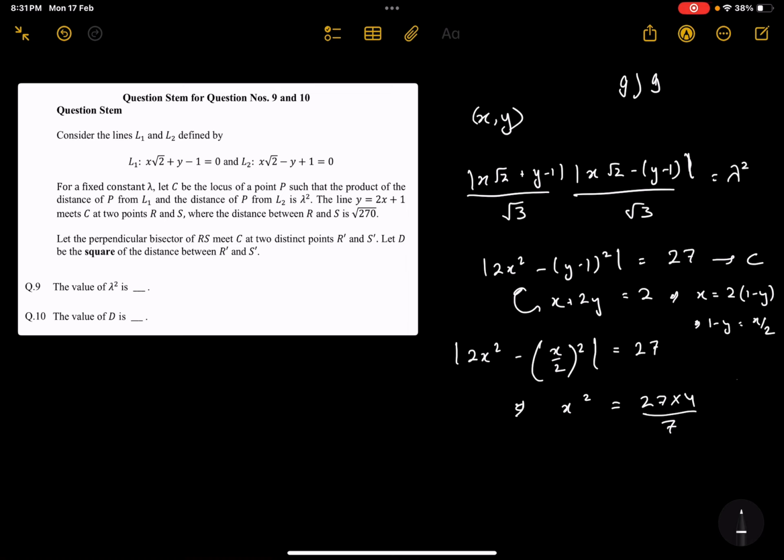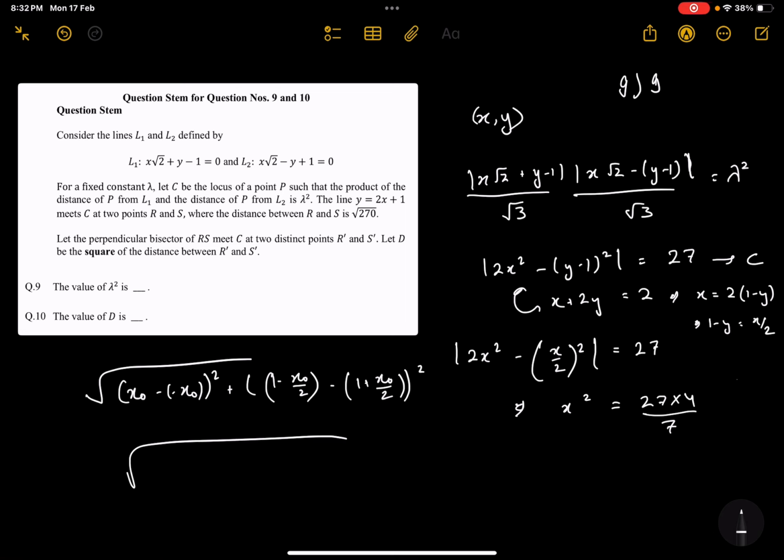So the distance between R prime and S prime could be written as (x naught minus minus x naught) squared plus (y naught minus minus y naught) squared, where y is 1 minus x naught by 2, which would become this squared.